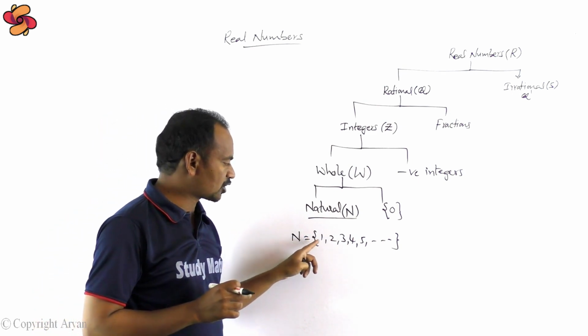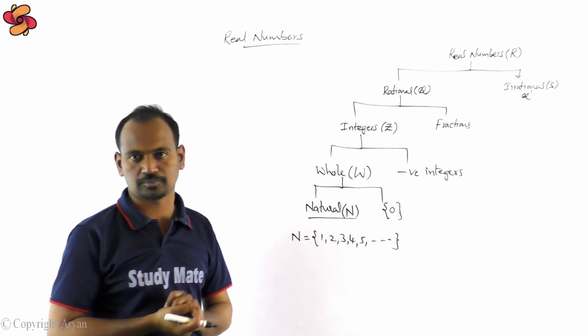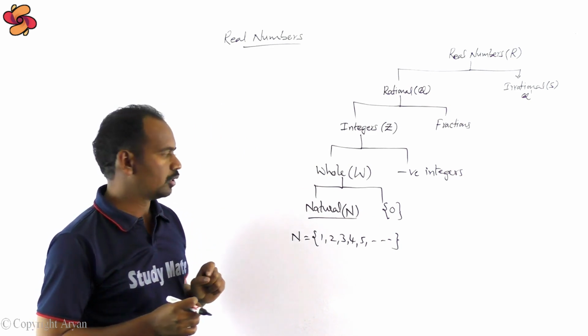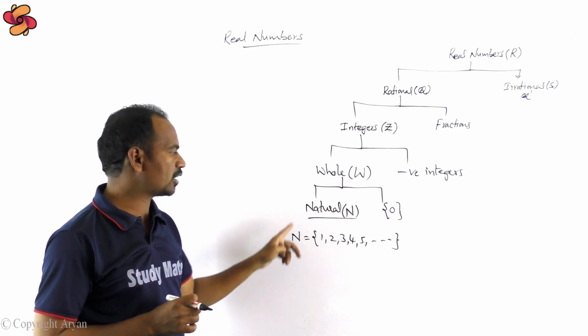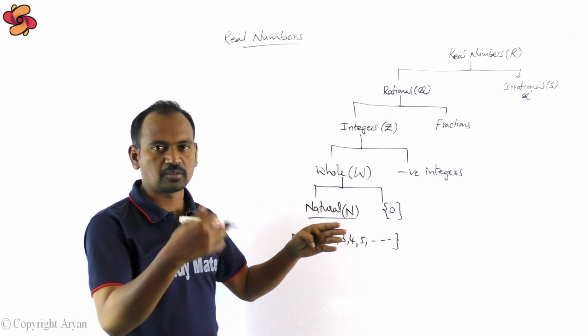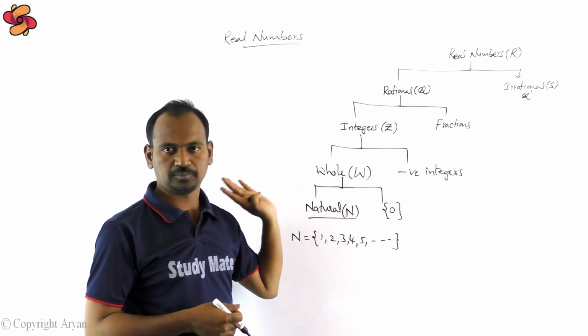Here the set starts from 1 onwards. So these are also called counting numbers. Right? So this set is denoted by capital N. N for natural. And you know about the 0. So later on we will discuss about 0, while discussing integers.